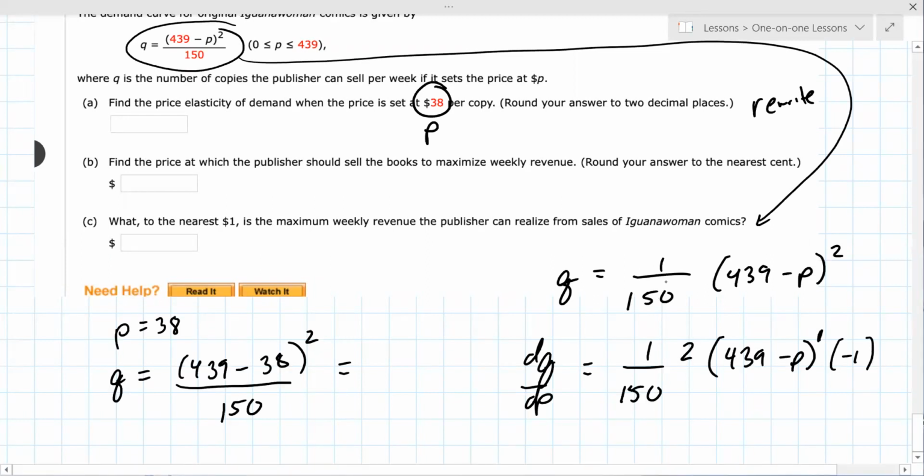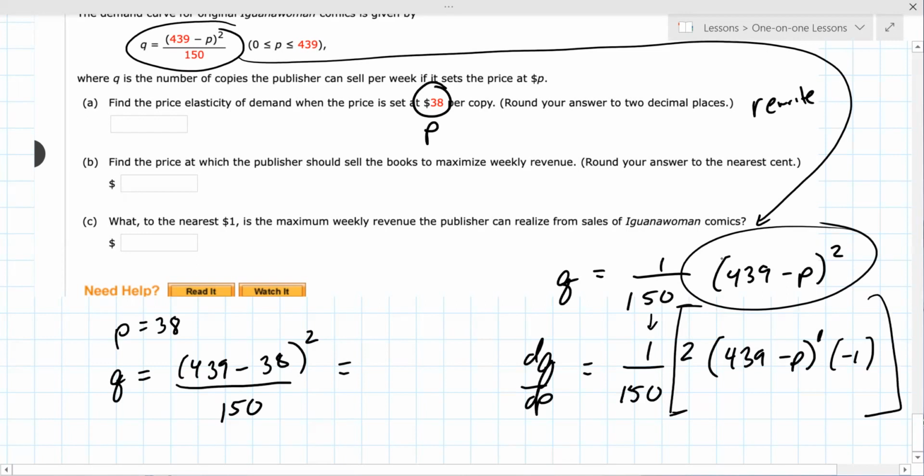It's just a number in front, the same as if it said 150 in front. It's a constant. And dq dp is the derivative of this. So the constant just comes along, and then we have to take the derivative of what I've circled, this part here.